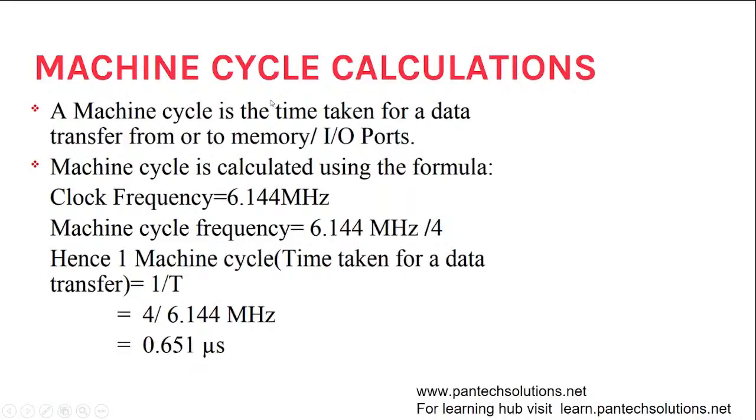This is the machine cycle calculation: if the clock frequency is 6.144 megahertz, you divide 6.144 megahertz by 4. Hence, one machine cycle is 0.651 microseconds if you use 6.144 megahertz.